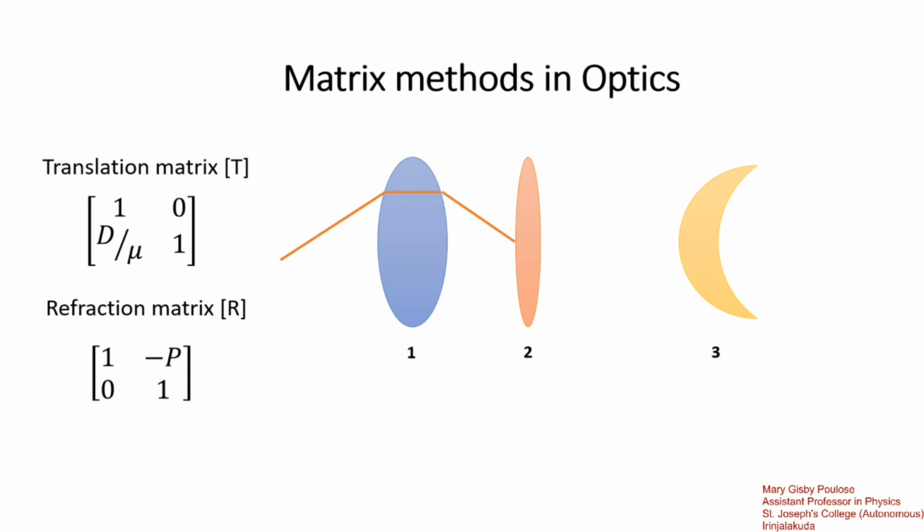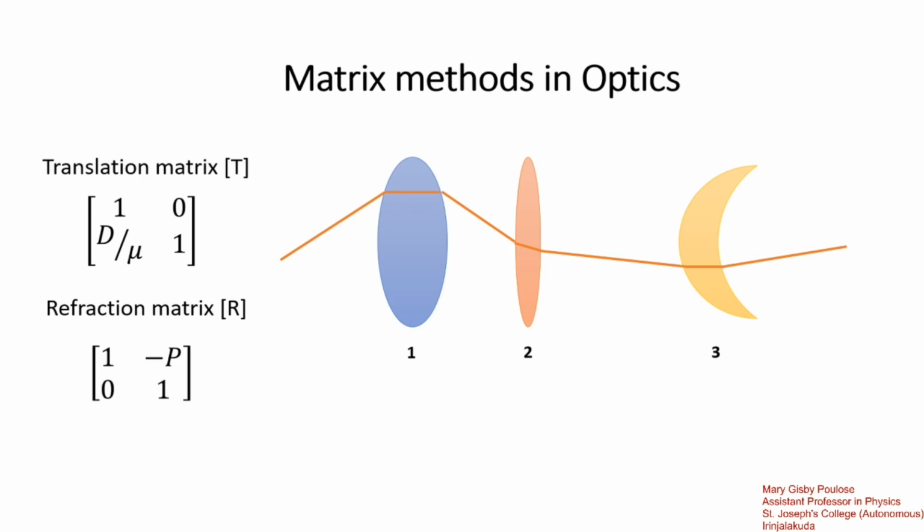Then it translates towards the second lens, where it again undergoes refraction at the first surface. It translates through it and refracts through the second surface. And again, it translates towards the third lens. At the point of contact, it refracts into the lens, travels through the lens, and then at the second surface of the third lens, it refracts and emerges out of the system.